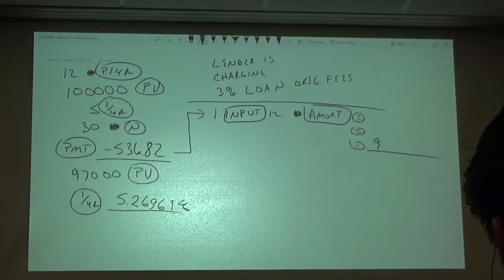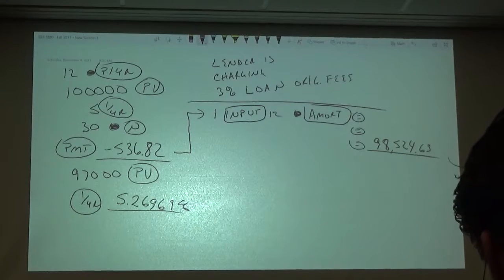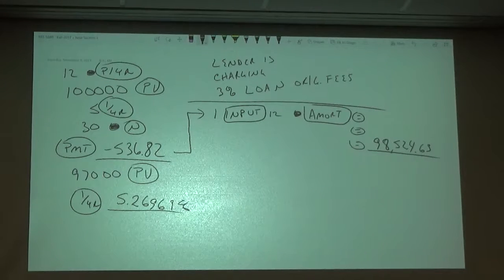Okay, and I get 98,524.63. So if I want to shortcut this, and there are a couple of different ways I could do this, I could just take that number immediately after I get it, change the sign, and put it in as future value.